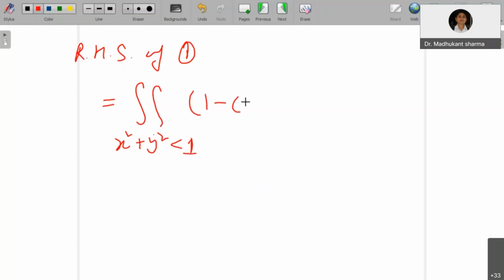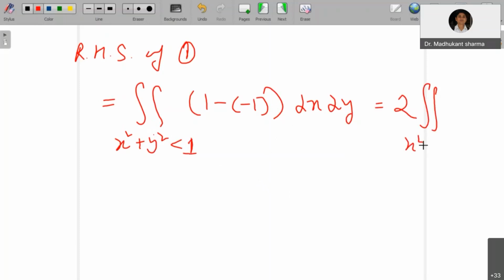So this is 1 minus 1... wait, 1 plus 1, dx dy. So that is going to be 2 times the double integral of x square plus y square less than 1 dx dy, and this is nothing but the area of the unit circle centered at origin, which is pi. So the value of this integral is 2 pi.